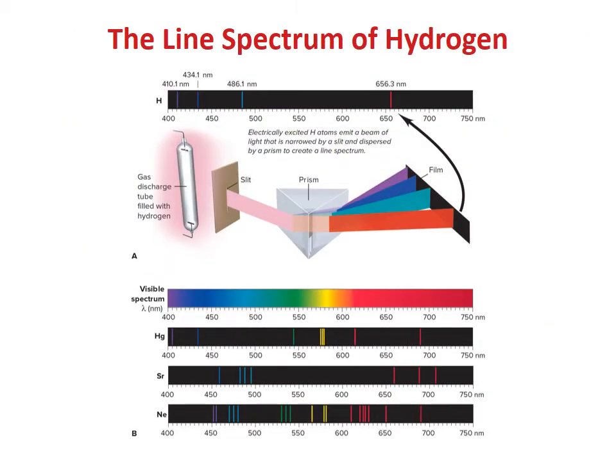When sunlight passes through a prism, it creates a continuous spectrum or rainbow by refraction. When light from electrically excited gases passes through a prism, it does not create a continuous spectrum. Instead, it creates a line spectrum, a series of fine lines at specific wavelengths or frequencies, separated by black space.